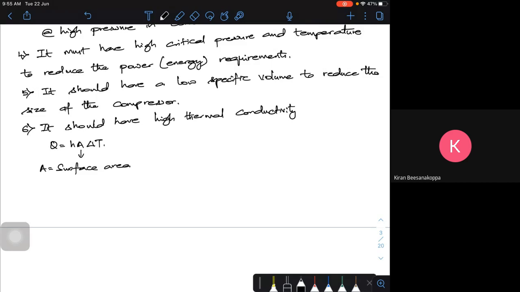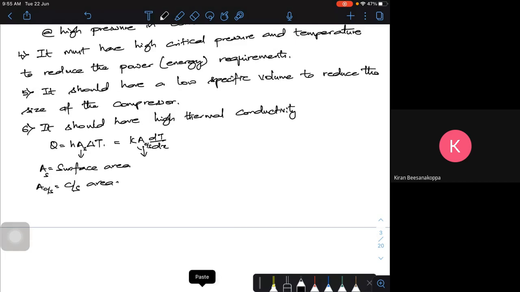In a similar fashion, for conduction we have an equation: Q is equal to K A dT by dx, where dT by dx is the thermal gradient. We'll call this A_S as surface area and A_CS as the cross-sectional area. Now when it comes to conduction heat transfer, this area A_CS has to be reduced. High thermal conductivity will reduce this area.